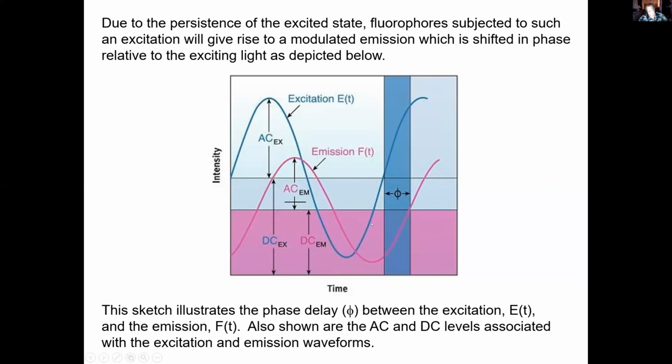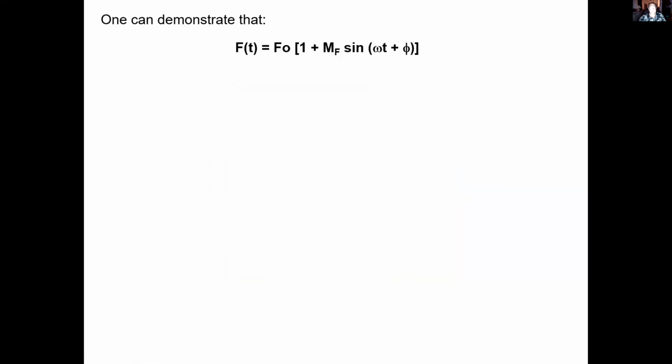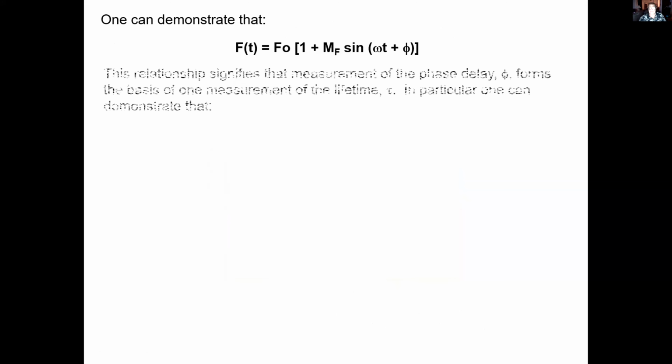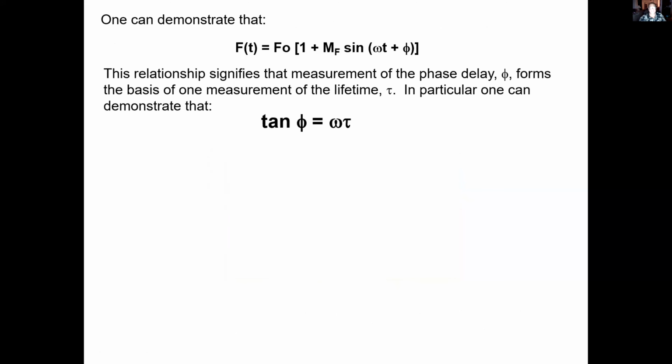You never come down, so you have less modulation in the emission. This is important because, as we'll see in a moment, you can demonstrate that the trace of the fluorescence with time is F0 times 1 plus the modulation, the AC-DC ratio of the emission, times sine omega t plus phi, where phi is the phase angle of the delay.